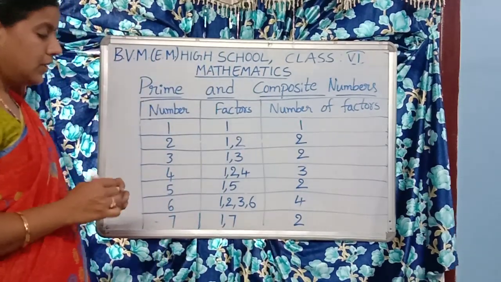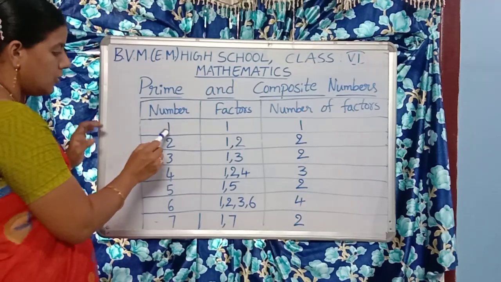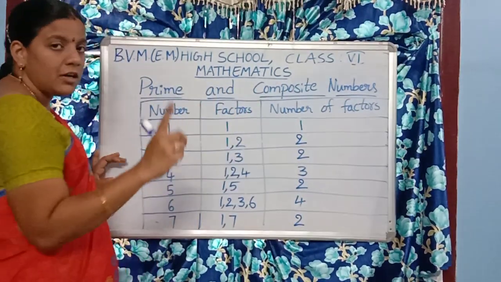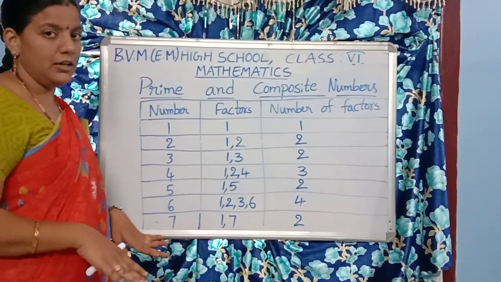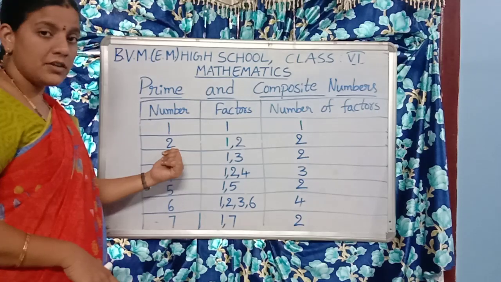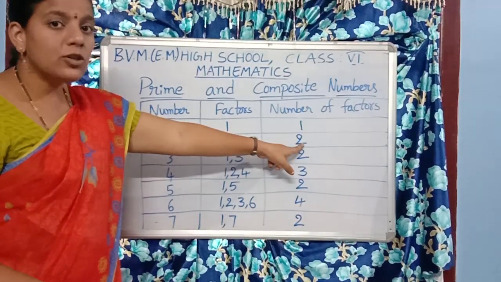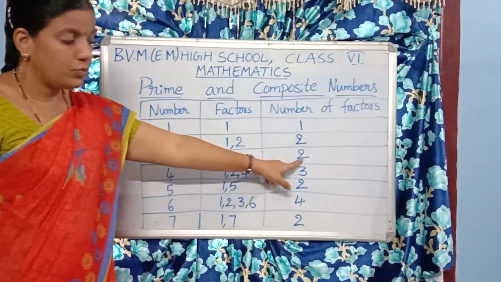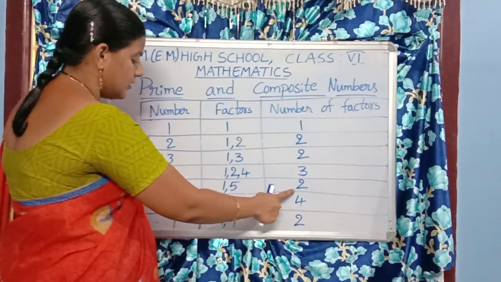Okay, from this table, observe all of you. For 1, there is only one factor, that is itself. For 2, the number of factors is 2. For 3, 2 factors. For 5, 2 factors.